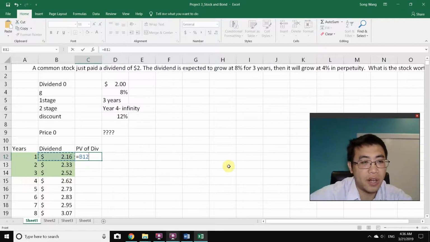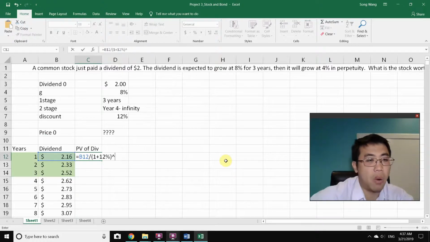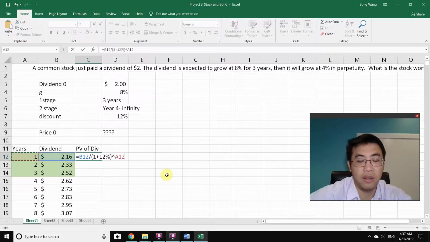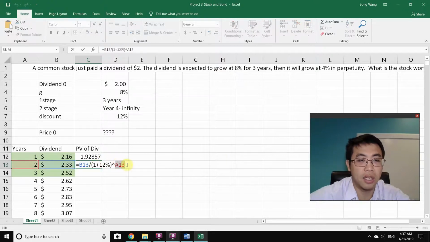For the first year dividend, I'm going to use the cash flow divided by 1 plus the 12% discount rate, raised to the power of whatever year number it is. If it is the first year, I discount it by 1 period. If it is the second year, I discount it by 2 periods. As you can see, the exponent switches to 2 from 1 when I drag it all the way down.